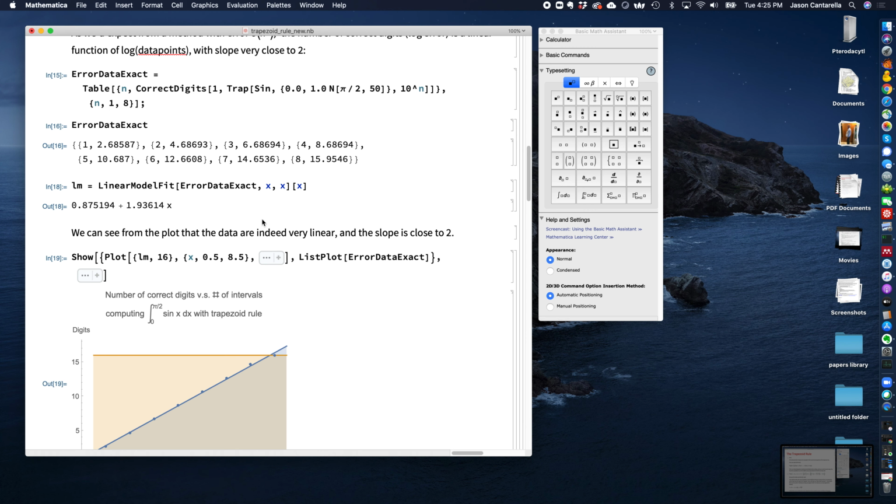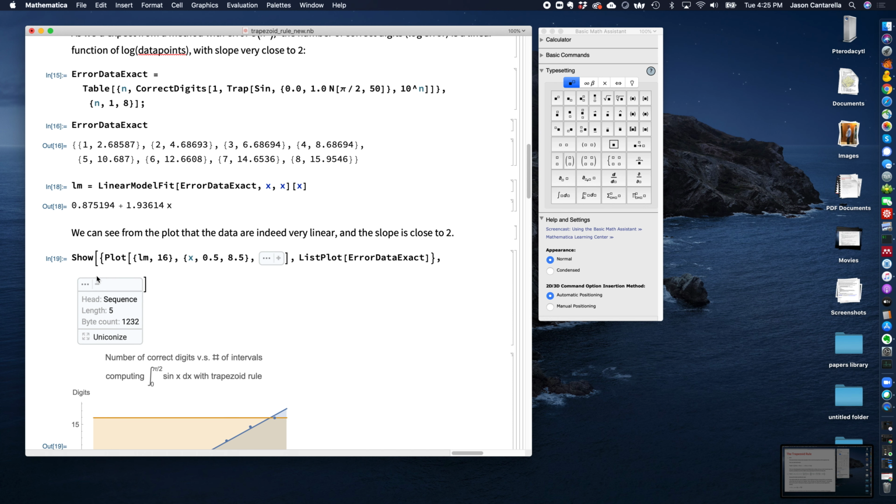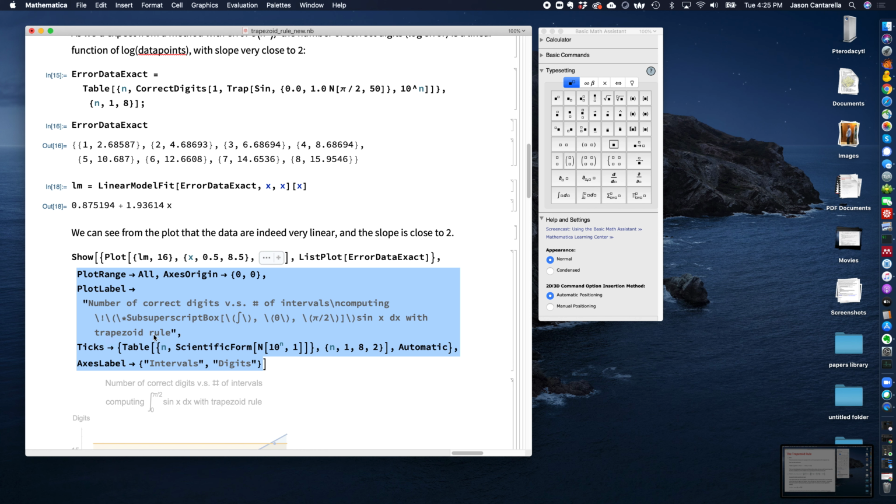Okay, so what's with this thing, right? Well, I'll click on it. If you click on it, you see that it's a sequence of length 5 with a byte count, whatever that means. And you get this interesting box which says uniconized. So I'm going to click it. What you see is a bunch of kind of ugly plotting options.